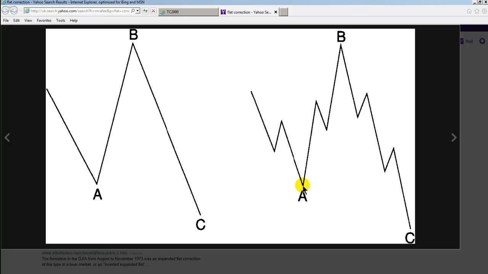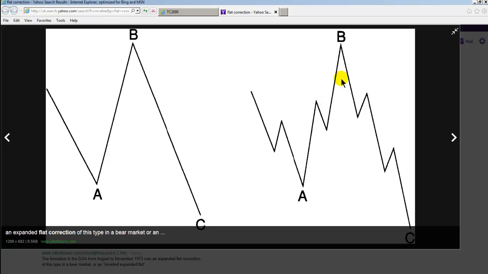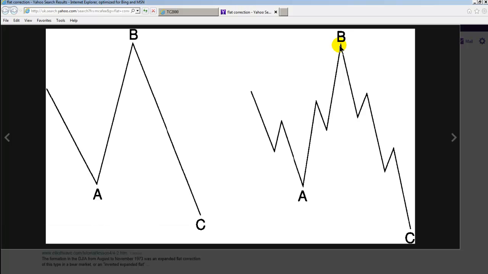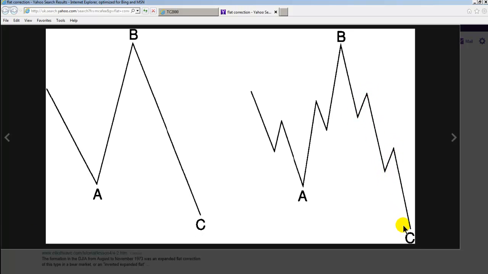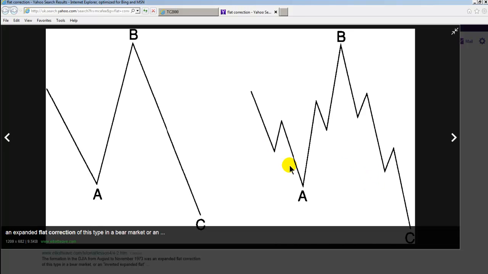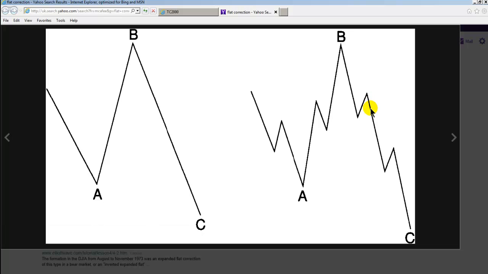And then it went back again 1, 2, 3. That's the second 3. So 3, 3, and then 1, 2, 3, 4, 5. So the internal waves of the flat correction are 3, 3, 5.